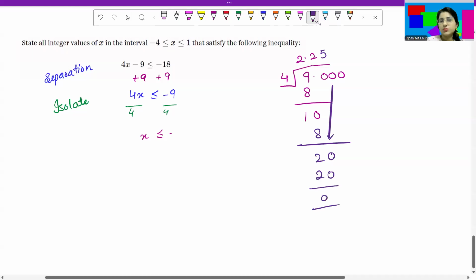But it's a negative, right? Yes, it's a negative 2.25.